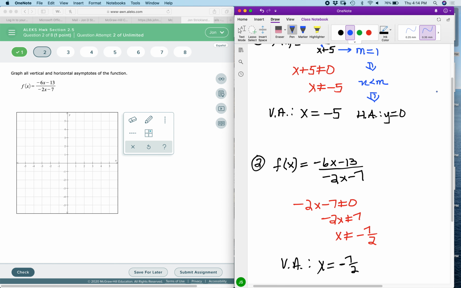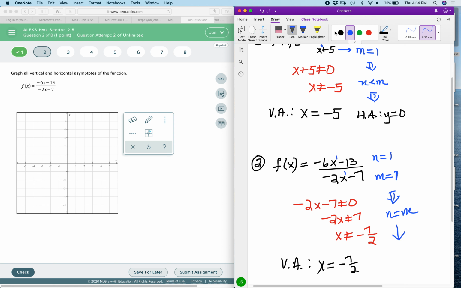Going back to the layout for the horizontal asymptote, in the case of the numerator, n is equal to 1. Likewise, the higher order term is first degree in x, so m is also equal to 1. We have n is equal to m.